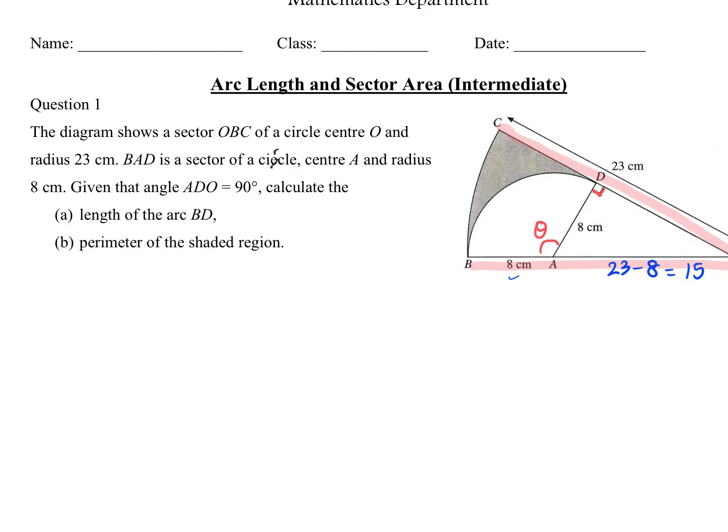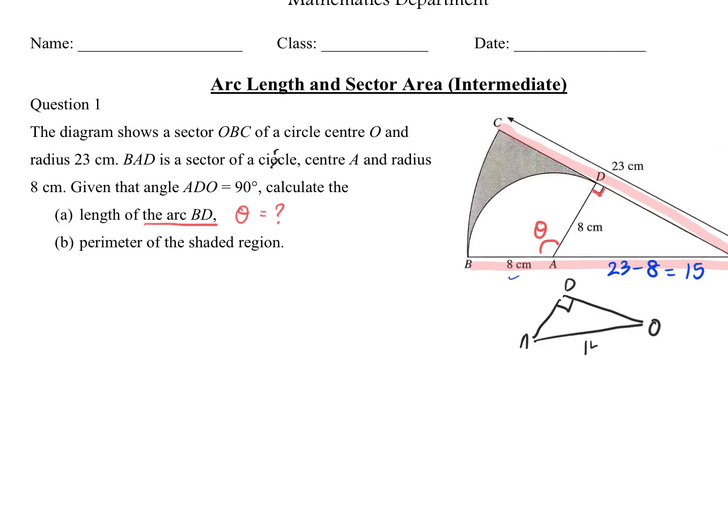If the question is asking me to find arc length, first I need to know what the angle is, and I need to find the radius. I have the radius already, so that means I need to find the angle theta. How am I going to find angle theta? Let's take a look at this triangle over here. We have a right angle triangle, this is AOD.